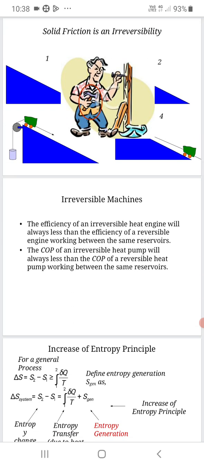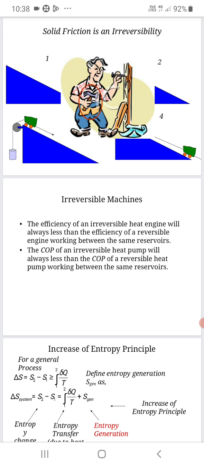The efficiency of an irreversible heat engine will always be less than the efficiency of a reversible engine working between the same reservoirs.